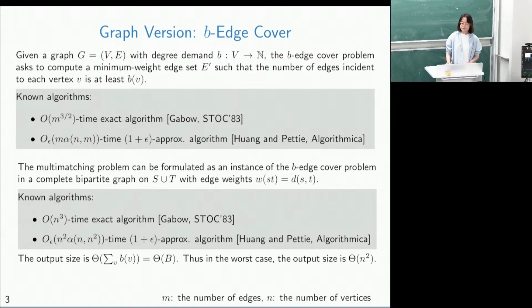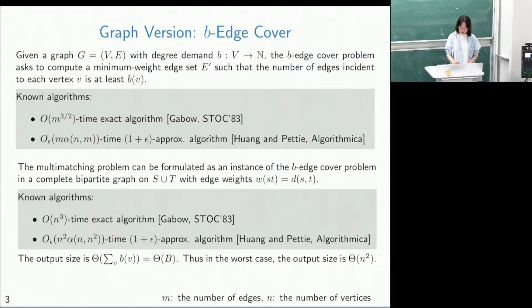And we can reformulate our problem as an instance of the B-edge cover problem. Because we are dealing with a complete bipartite graph on the two point sets S and T, and the edge weight is defined as their distance in the metric space.